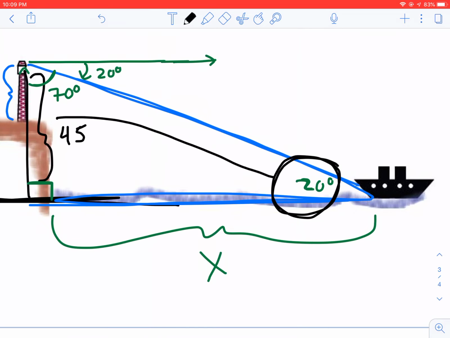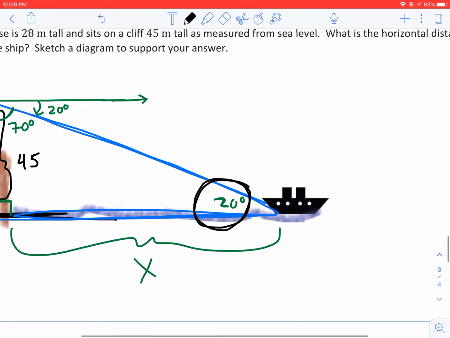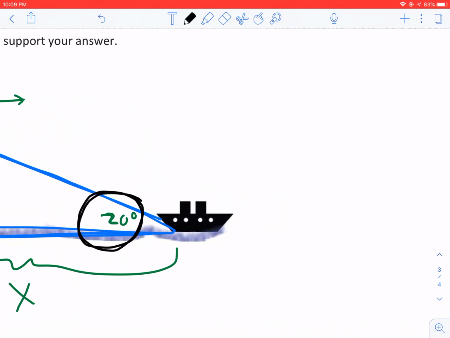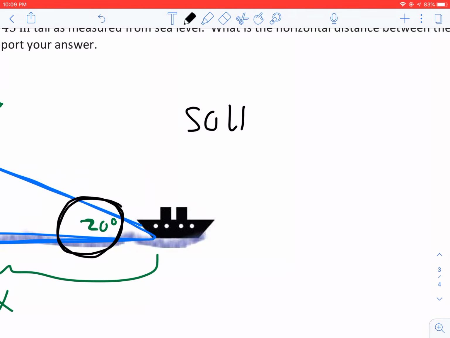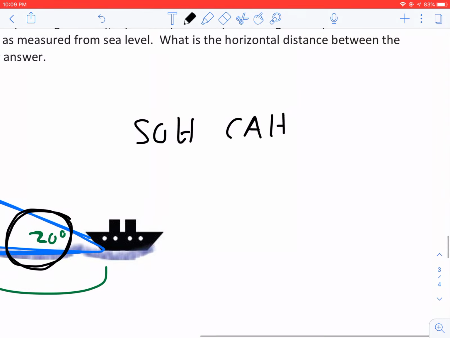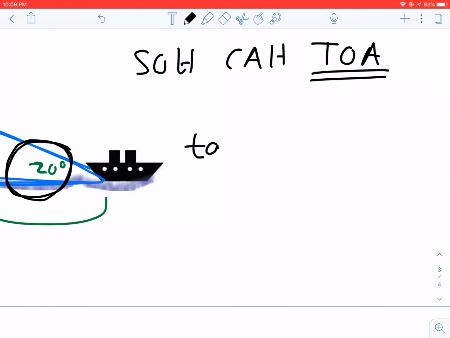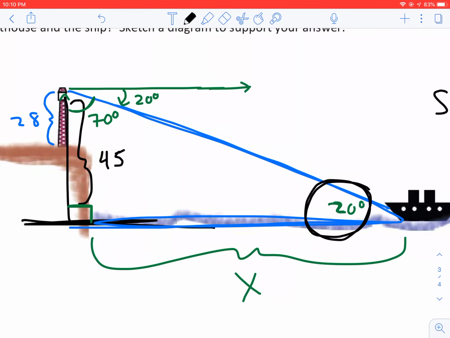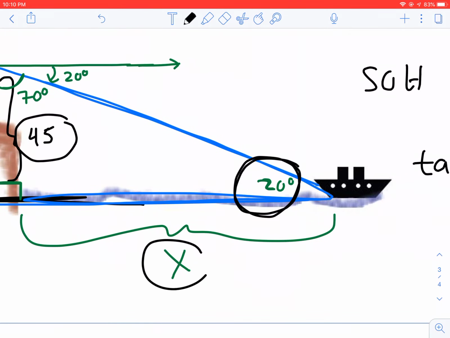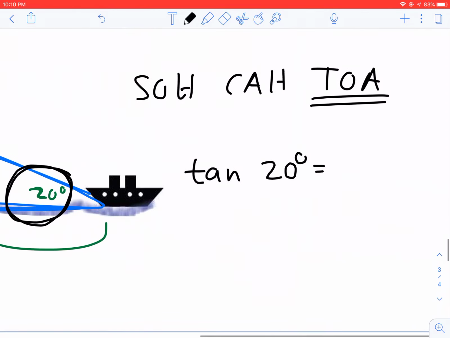If you want, you could find the hypotenuse with the Pythagorean theorem, but that's extra work. I have the opposite and adjacent, so I'm going to be using tangent here. So tangent of 20 degrees is equal to opposite, which is 45, over adjacent, which is x.